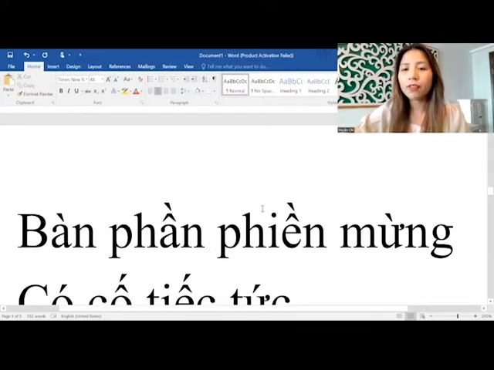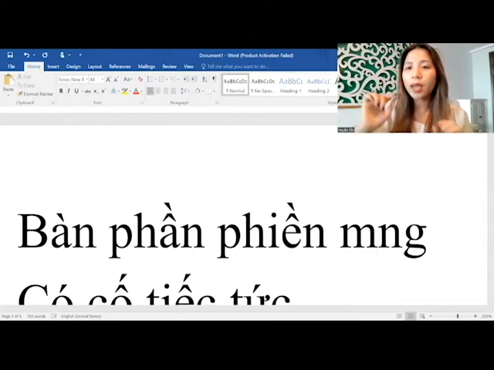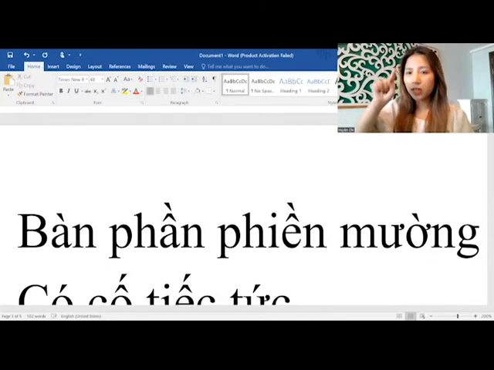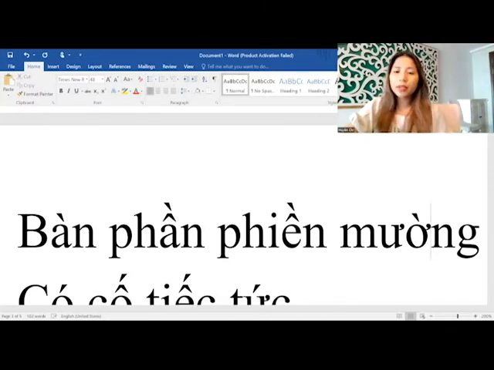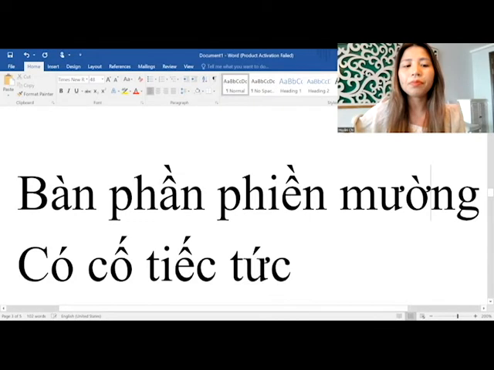Phần, phiền, mừng. If there's a word like this, then when you write, it can go in the middle of two vowels or on the second vowel. Anyway, the tones and the vowels always stick together.